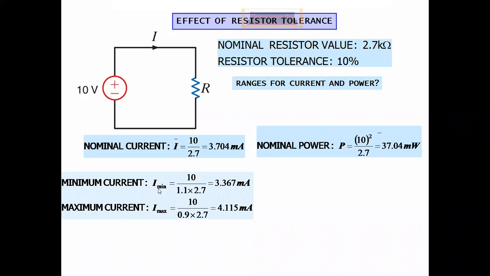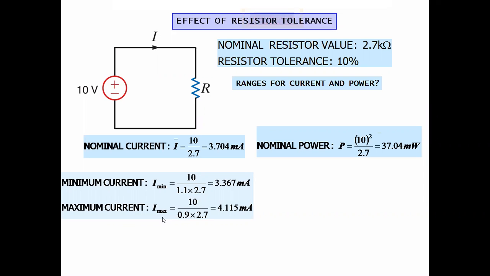The minimum circuit current is V by R, where V is 10 and R is 2.7 with 10% added. If we consider the ideal value as 1, adding 10% makes it 1.1. So we'll multiply 1.1 with 2.7. With maximum resistance, there will be minimum current in the circuit. So the minimum current value is 3.367 milliampere.